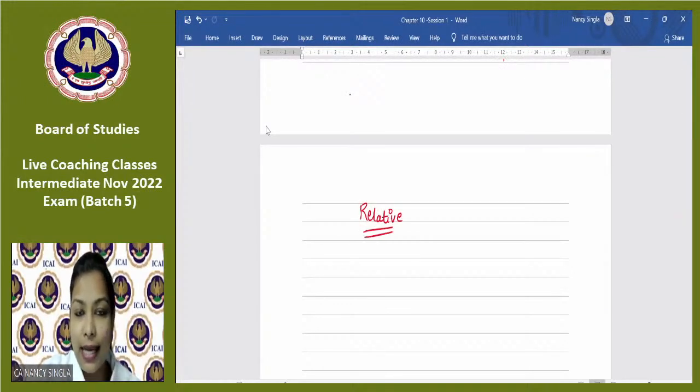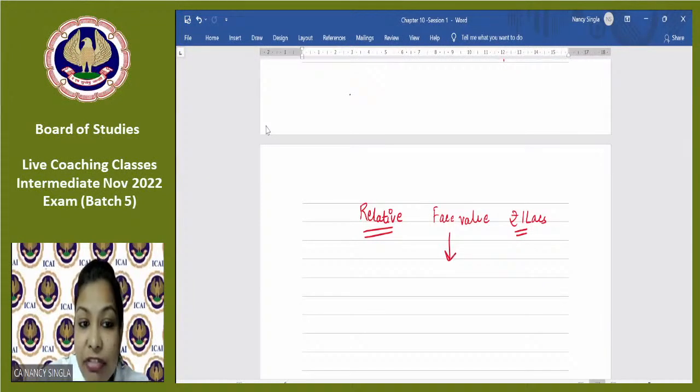So it says that a relative may hold security in all these companies, but the face value of such securities should not exceed rupees 1 lakh. Okay?